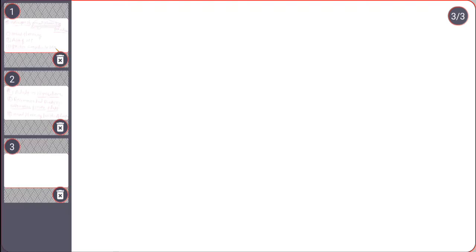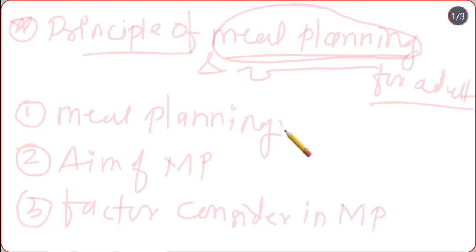This is our overall plan. Number one, we discuss meal planning, then the aim of meal planning, then the factors considered in meal planning.